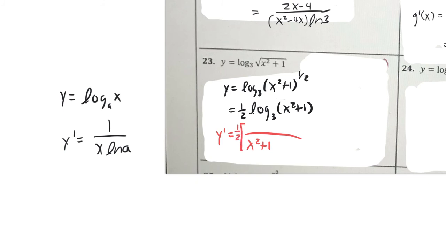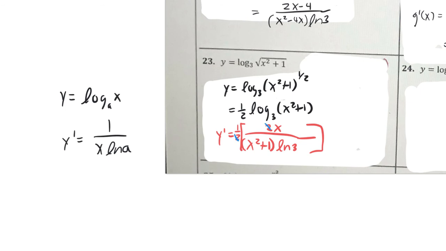I should not have forgotten that. So we're going to have x squared plus 1 down below times ln of 3. Now, we're going to multiply the top by the derivative of x squared plus 1, which is just 2x. Now, the denominator of 2 is going to cancel with that.